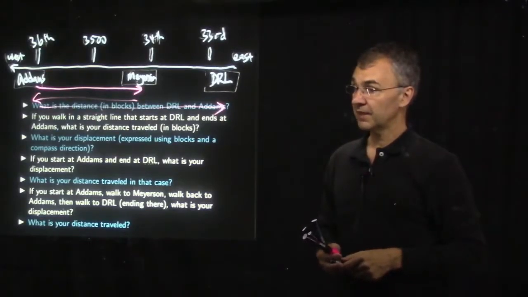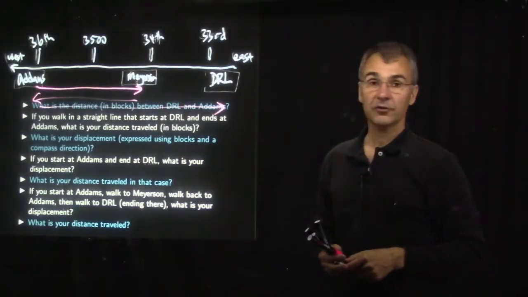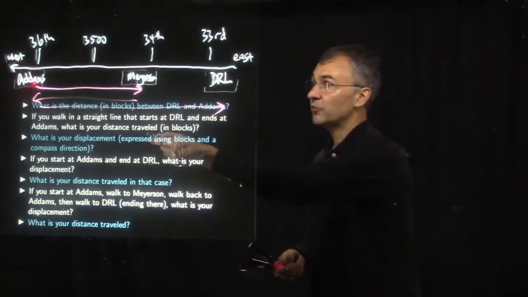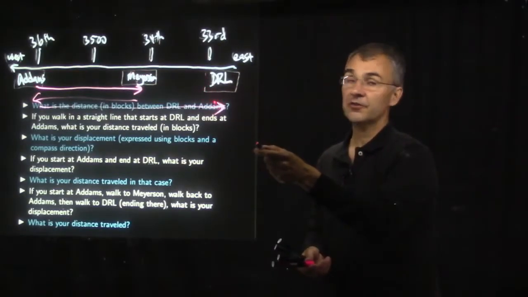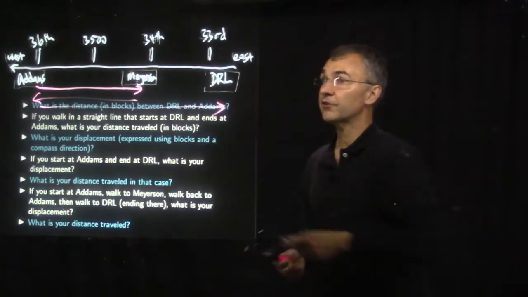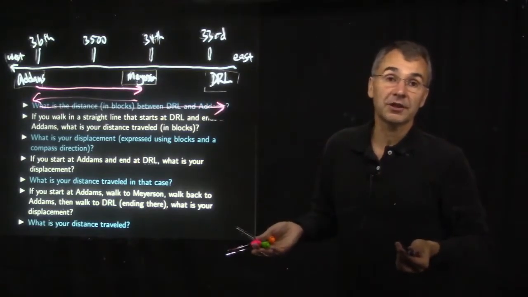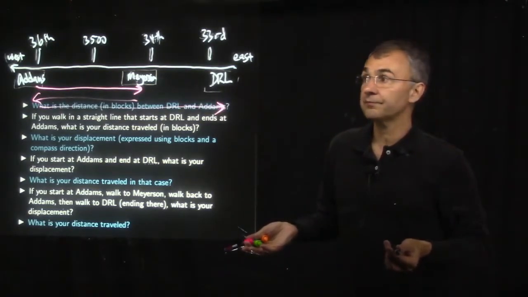But my displacement only cares about my starting and ending points. So my displacement, I started at 36th and I ended at 33rd. So my displacement was 3 blocks east, or you could say negative 3 blocks west.